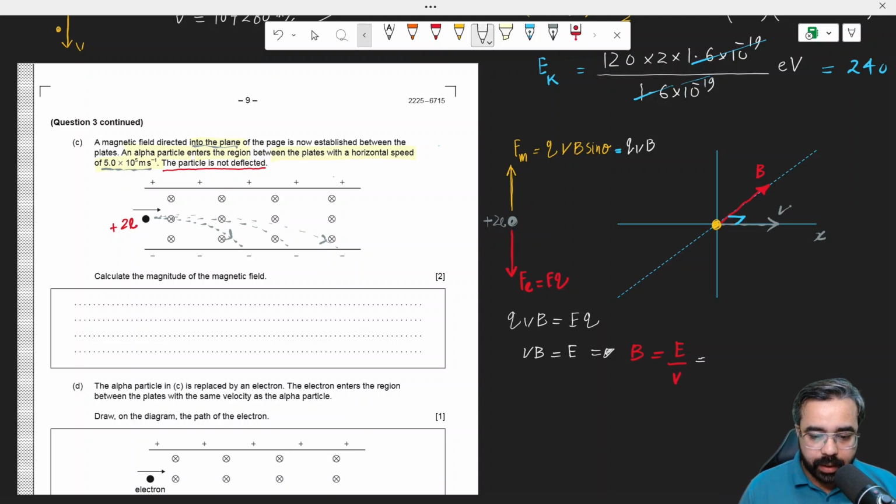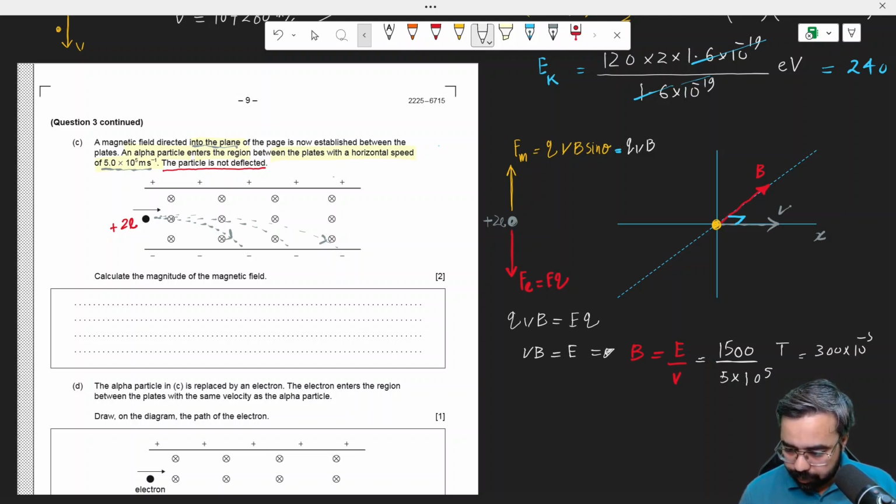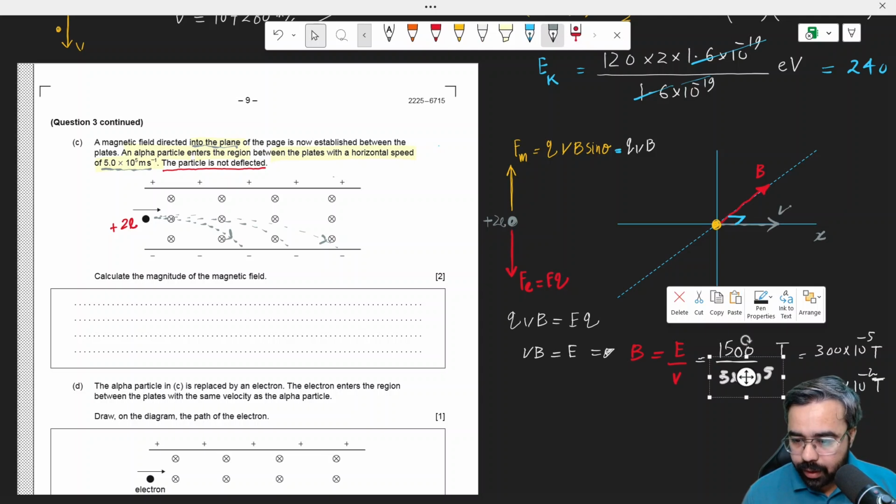This is the same electric field, so it is 1500 Newton per coulomb or volt per meter, divided by 5 times 10 raised to power 5. And the unit is Tesla, right? So it should be 300 times 10 to the power negative 5 Tesla. And that you can write as 3 times 10 to the power negative 2 Tesla. So this is the magnetic field strength.